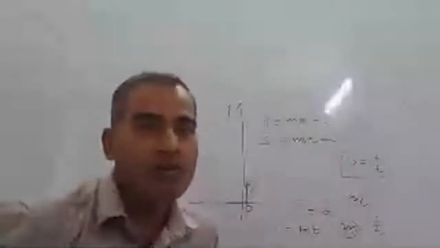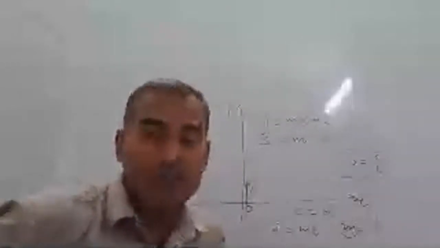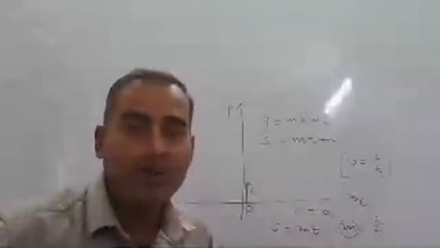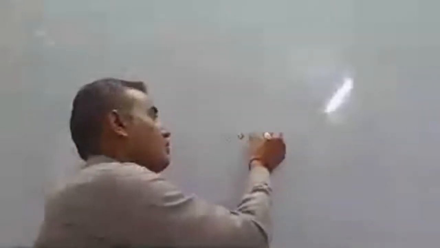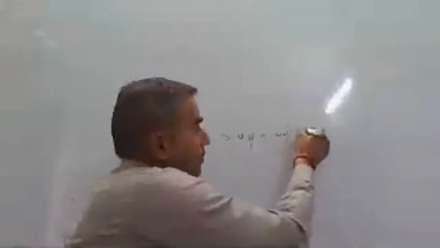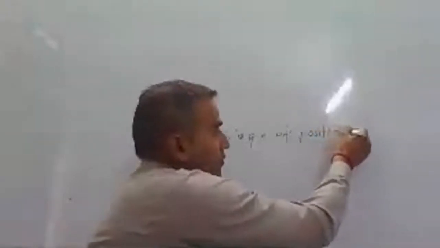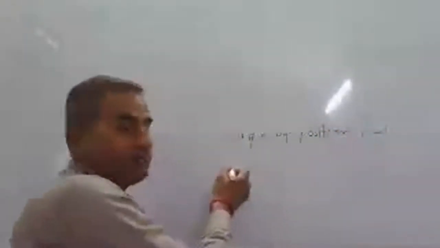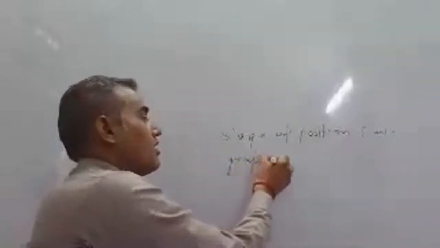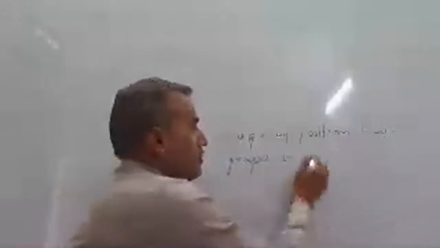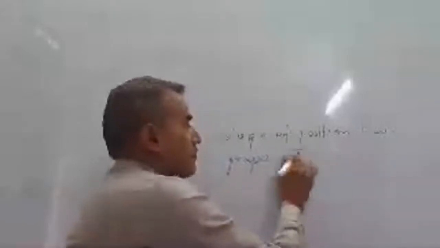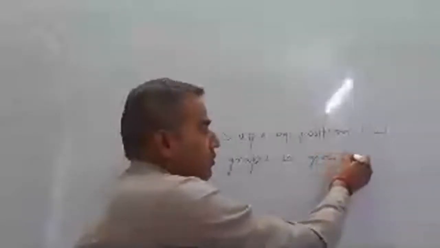Therefore, the conclusion of this position-time graph: the slope of the position-time graph gives velocity. Very important.